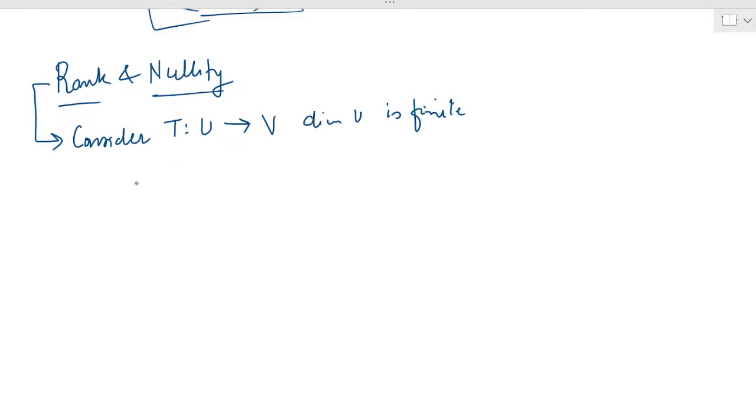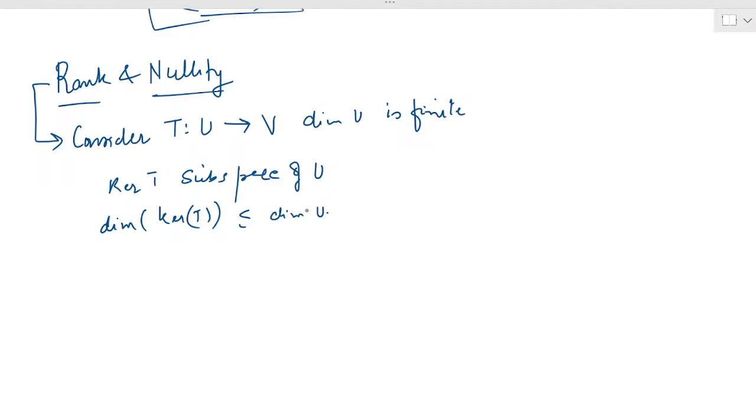And we already know that the kernel of T forms a subspace of U. Since it forms a subspace, obviously the dimension of kernel of T would be less than or equal to the dimension of U. And what is range of T?